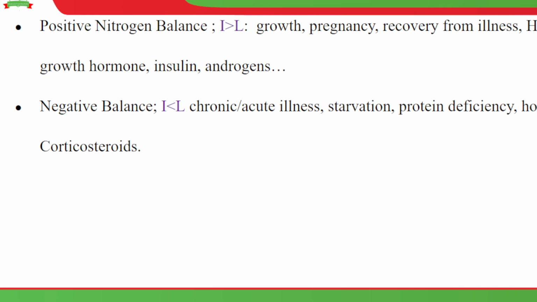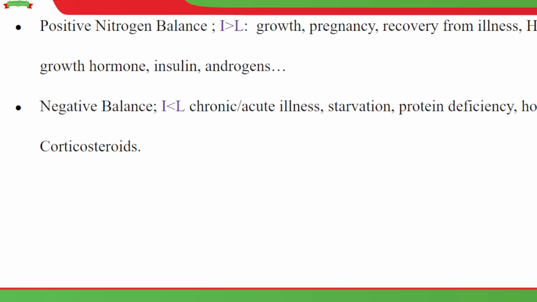Physiologically, a pregnant woman will need more nitrogen, proteins, amino acids, to build up her own body and also maintain that of the fetus that is growing. And the third is recovering from illnesses, maybe injuries also.